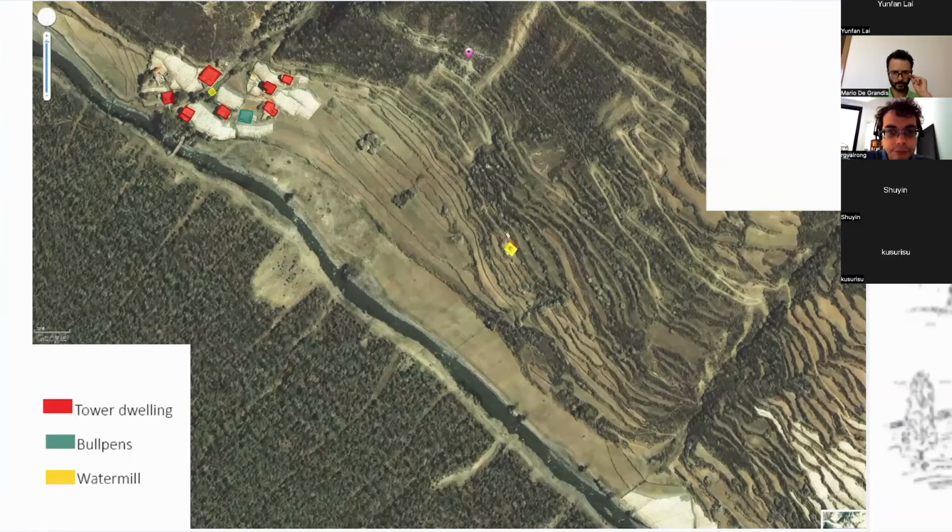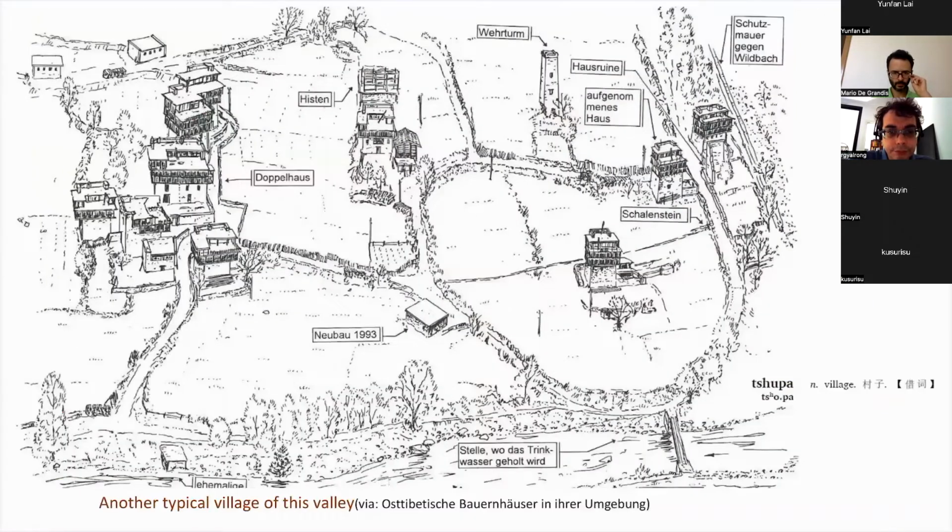What we see from this drawing is the layout of a nearby village next to the last one, also a typical village of Japhug Valley.